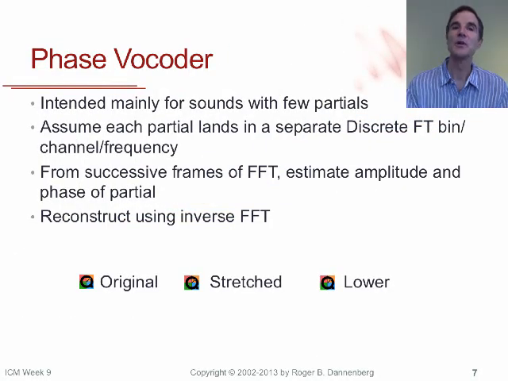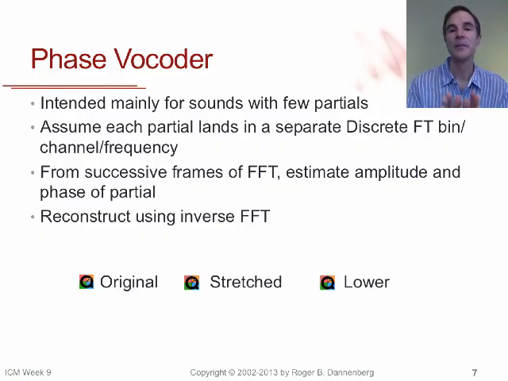The phase vocoder is an enhancement of the vocoder. It's intended mainly for sounds without too many partials. And the idea of the phase vocoder is we assume that each partial of the signal lands in a separate discrete Fourier transform bin, or think of that as filter channels or different frequencies.